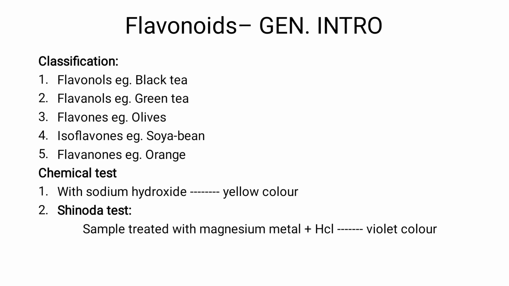So in this Shinoda test, our sample will be treated with magnesium metal and hydrochloric acid, and if it gives violet color, then it means that flavonoids are present in that particular crude drug, right? So the Shinoda test is the confirmatory test that has to be done to identify the presence of flavonoids, right?